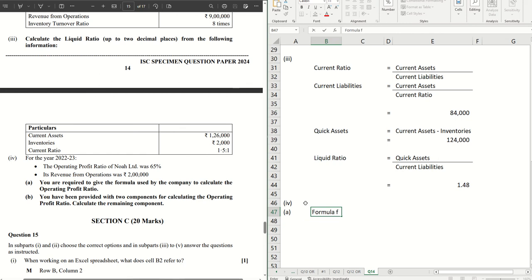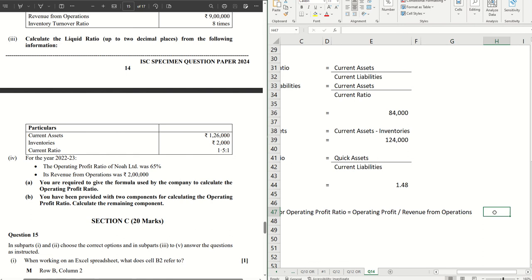Formula for operating profit ratio equals operating profit divided by revenue from operations, right? So we can write operating profit by revenue from operations, and that will be multiplied by 100.